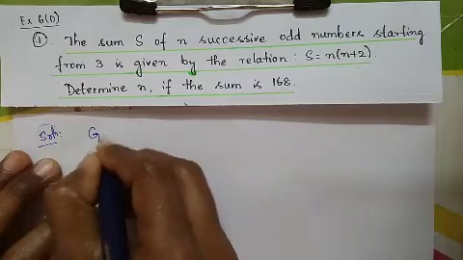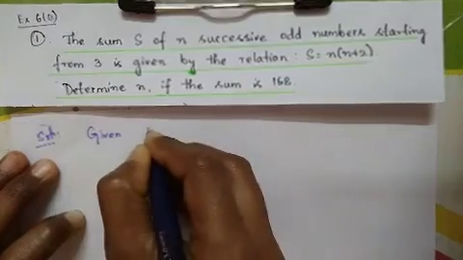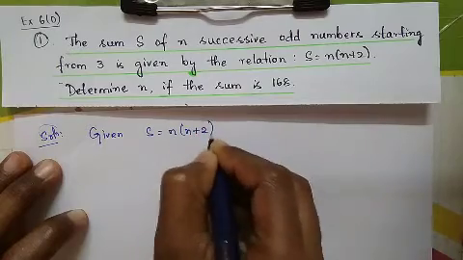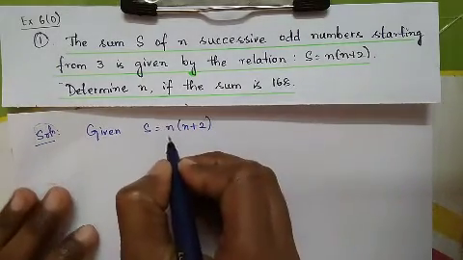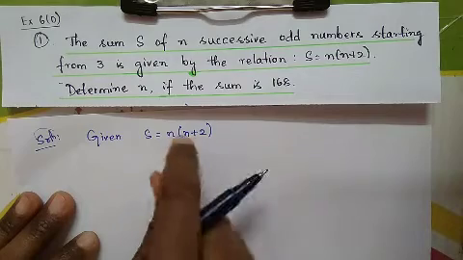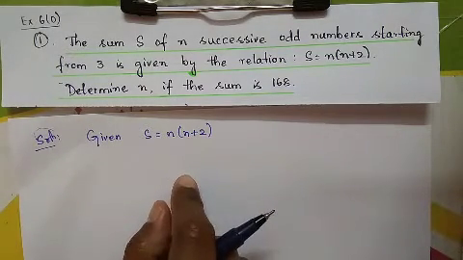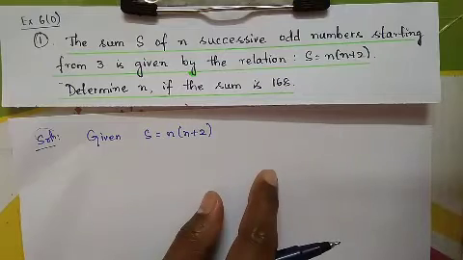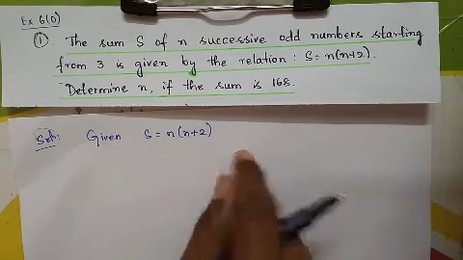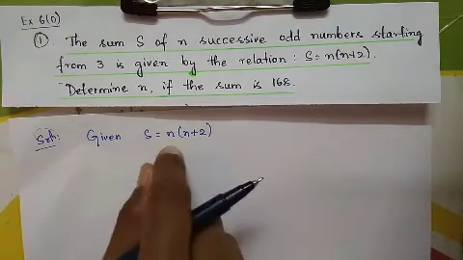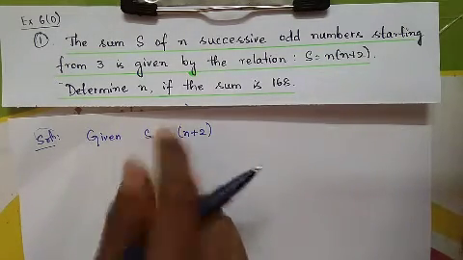Given S is equal to n into n plus 2. Now, if I take n directly, it should be from the number system, and the least number system which we have is the set of natural numbers, which even includes the even numbers. So I have to re-alter this n.